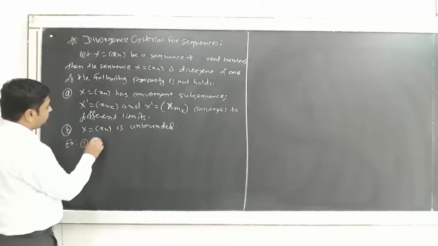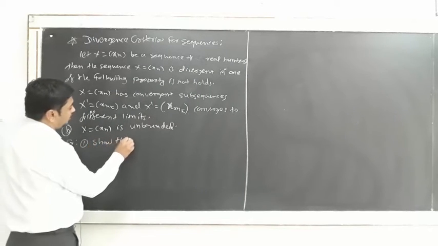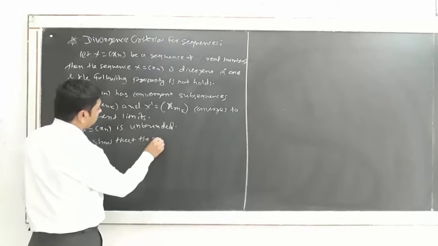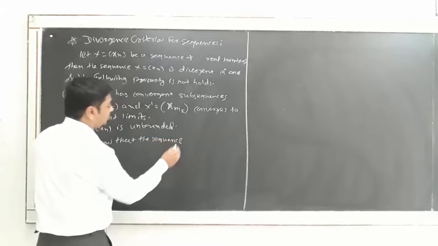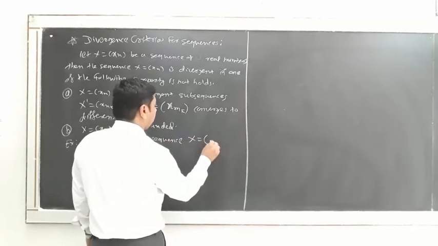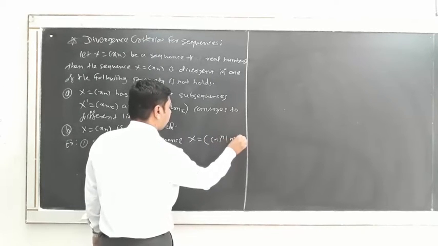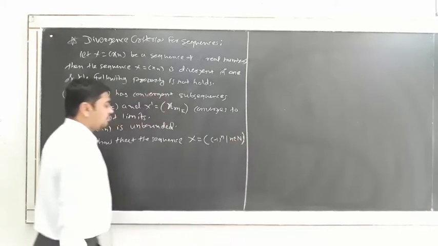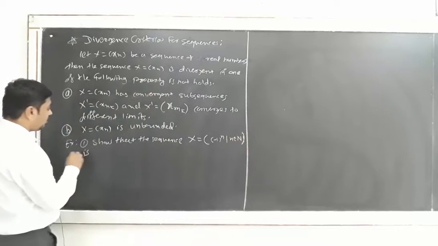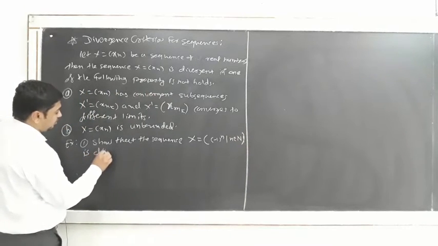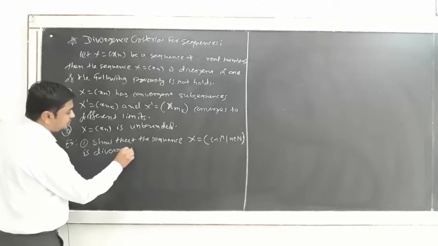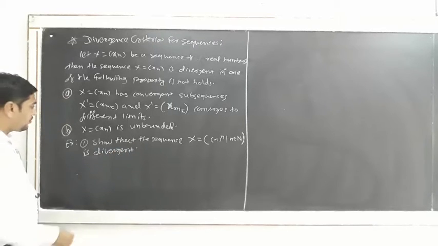First example, show that the sequence X = ((-1)^n), for all n belonging to the natural numbers, is divergent. So how do we prove this?